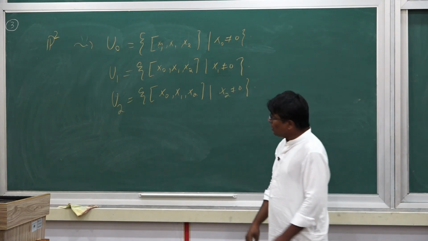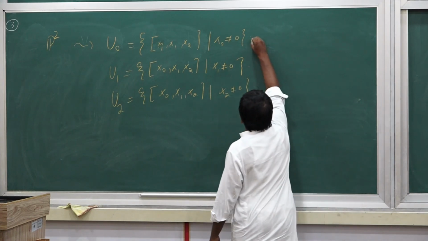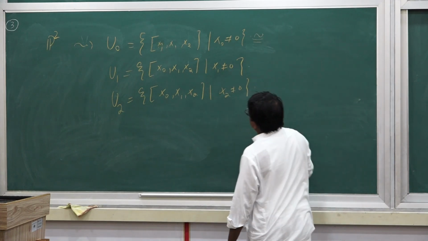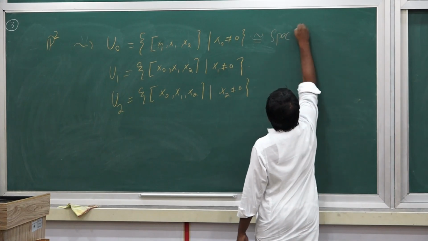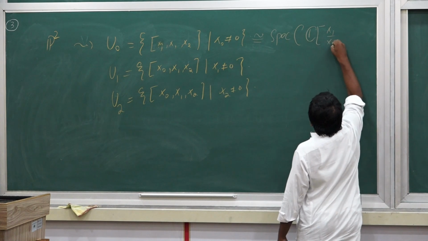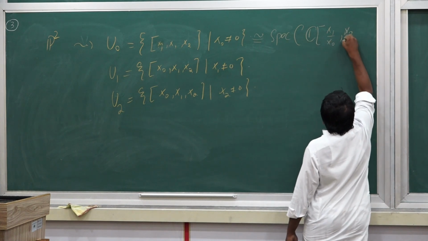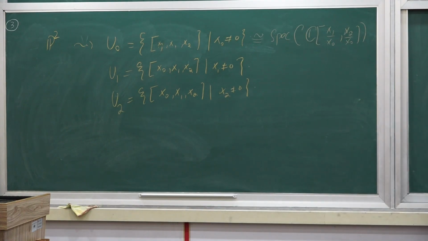Now, these things can be realized as the spec of C of x1 over x naught and x2 over x naught as an algebra.